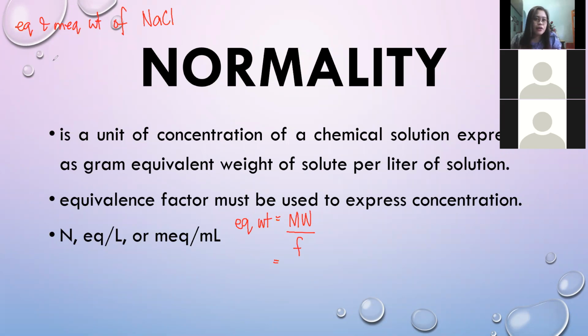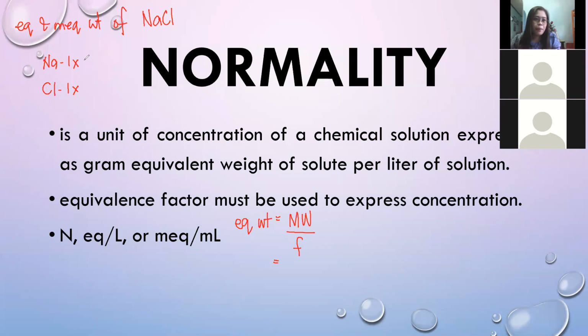So you need to compute first the molar mass or the molecular weight of sodium chloride before we can compute the equivalent weight. Class, remember how you compute the molar mass? You have to list down all the elements, identify the number of atoms, one each here, and multiply by their atomic weights. Always remember that in our solving, you have to round off the atomic weights to the nearest whole number.